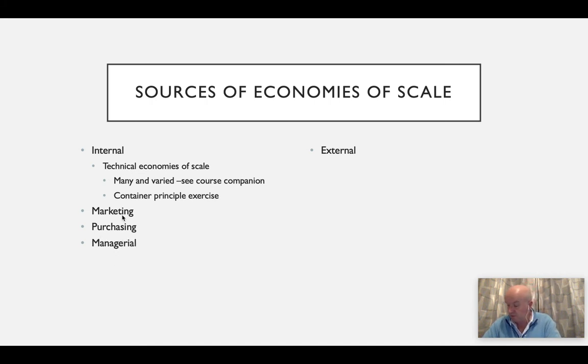We can also get managerial economies of scale. Again, we might be able to employ specialist managers in, say, the IT area, or specialist managers in production engineering, or a number of different ways in which we can gain managerial economies of scale. We might also be able to gain some financial economies of scale. Again, these are all listed on page 35 in your booklet.